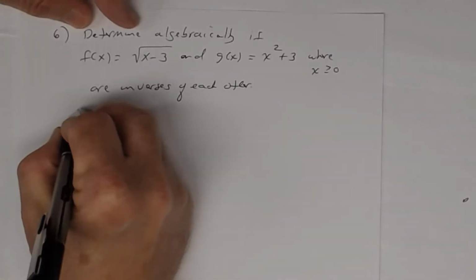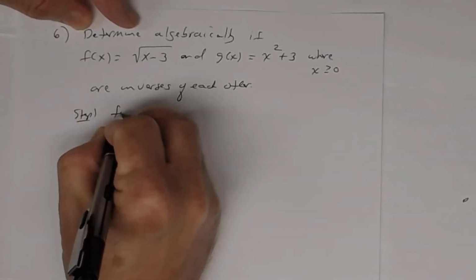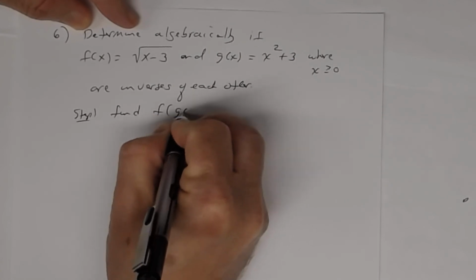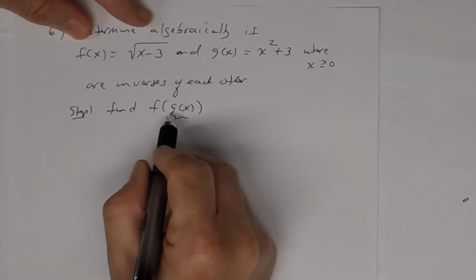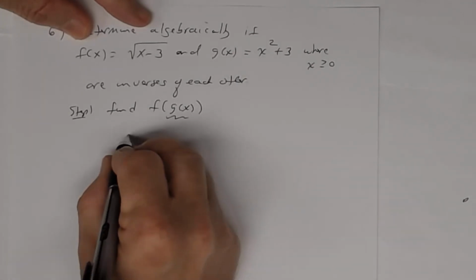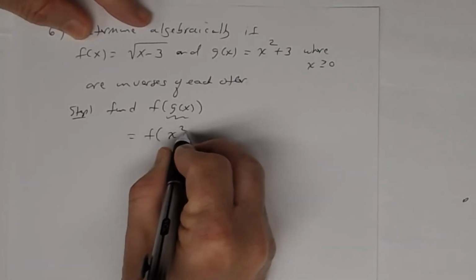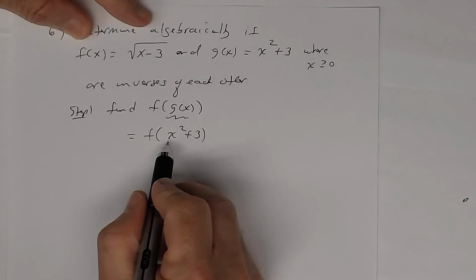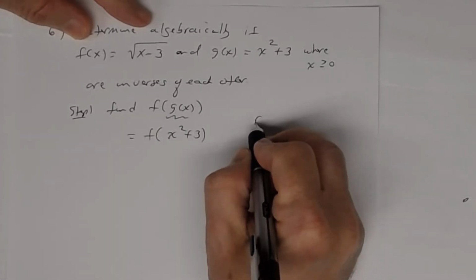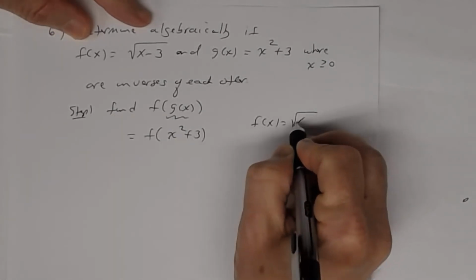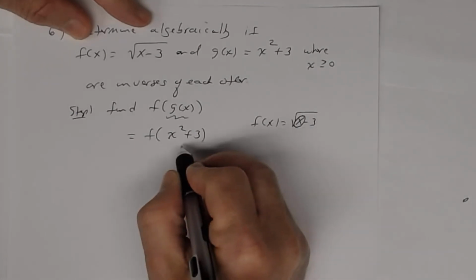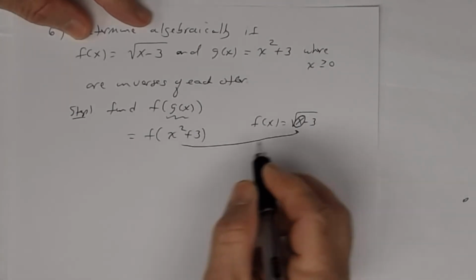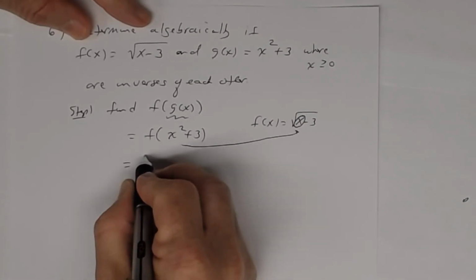All right, so step 1, find f of g of x. Okay, easy to do. g of x is this right here. So it becomes f of x squared plus 3. Now I'm going to go to my function f. Remember, this is f of x right here, the square root of x minus 3. And in place of that variable, I'm going to substitute that expression. And watch how simple this is.